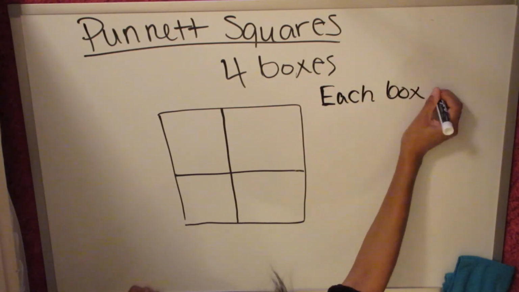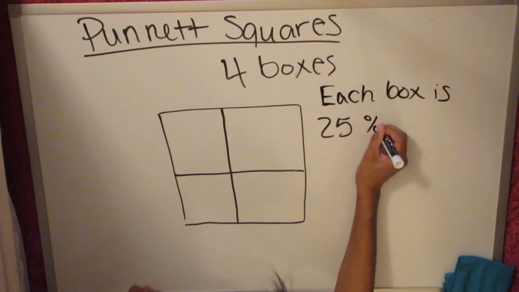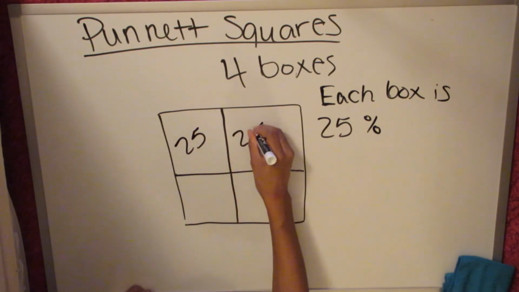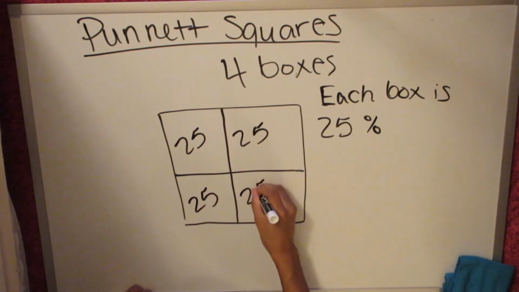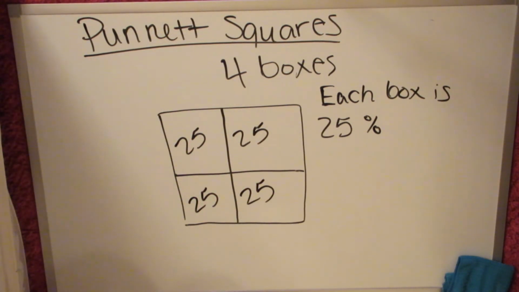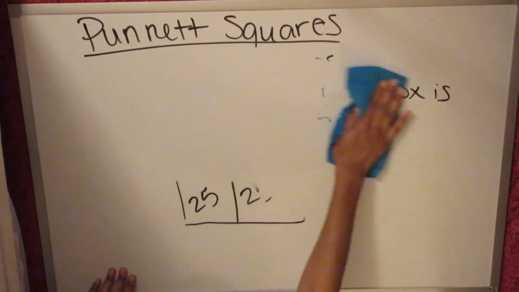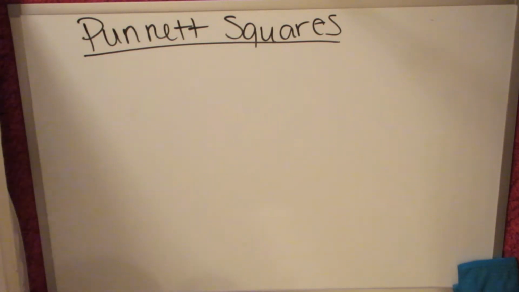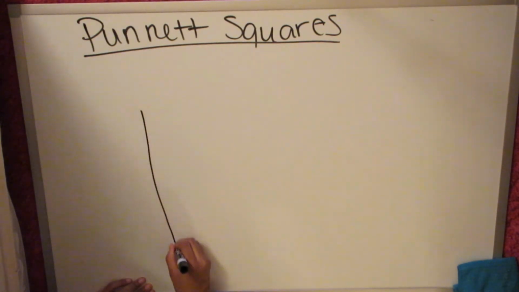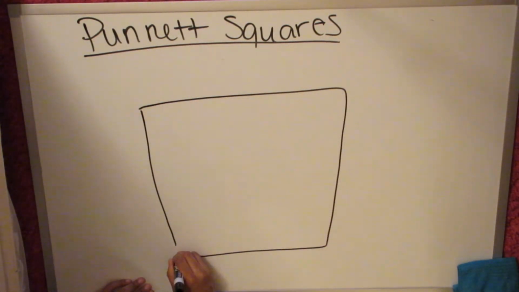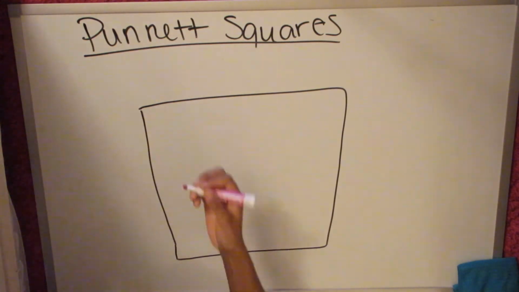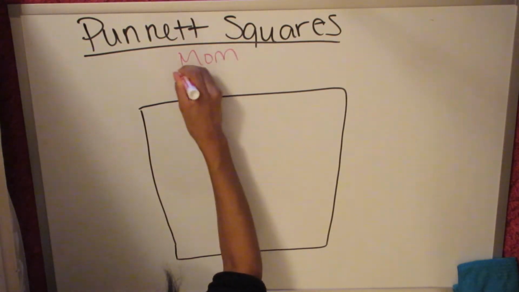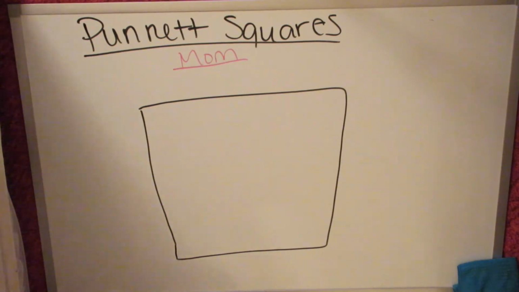If you add them all up, it is 100%. So here we're going to do some Punnett square examples together. At the top, I'm going to have the genotype of the mom, and on the side, I'm going to have the genotype of dad. Go ahead and draw my line so that my Punnett square is complete.